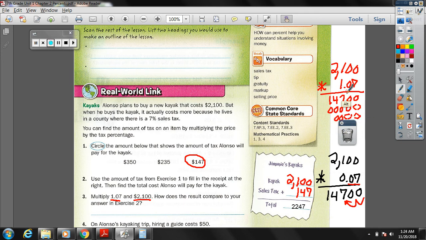And now we get, so we just did 7. 7 times 0 is 0, 7 times 0 is 0. So we get 147 in the first row.